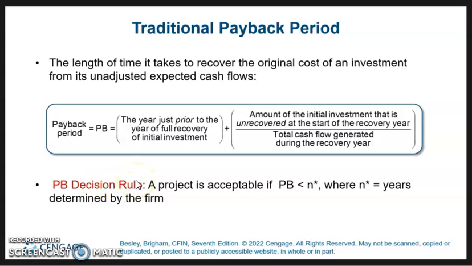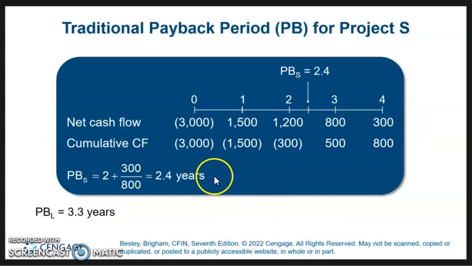We'll see it on the next table. We look at project tests. The decision rule is the project is acceptable if payback period is less than N star, where N star is the number of years determined by the firm. So we take project S. We had an initial cash flow outflow of $3,000. We recover $1,500 in the first year, so we have $1,500 more to recover.